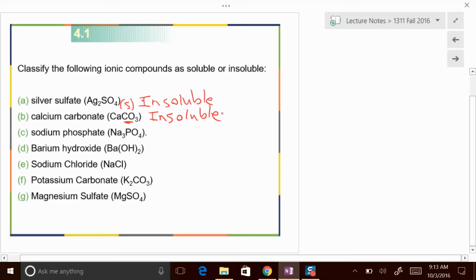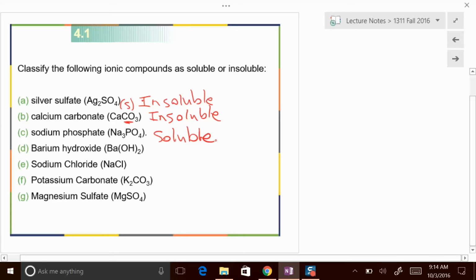Okay. Soluble or insoluble? Soluble, because it's an alkali metal. Alkali metals are what? Always soluble. Okay? Barium hydroxide. What do we know about hydroxides? You guys remember? Are they soluble or insoluble? Remember, if I have sodium hydroxide and I use dirty water, what am I going to get?